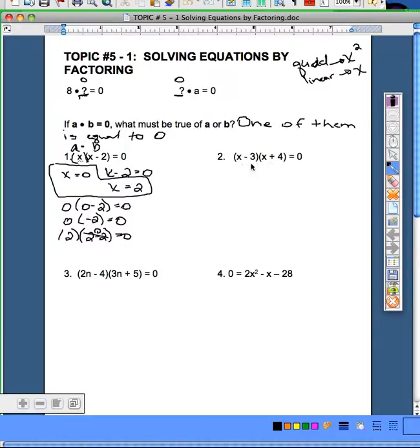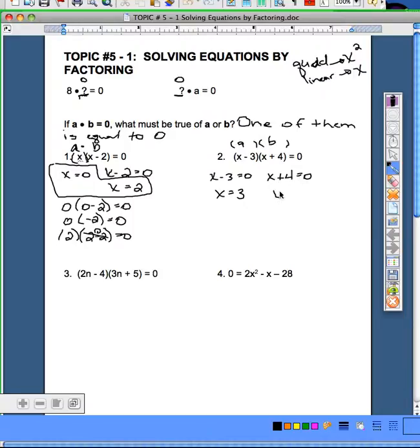All right, here, again, if x minus 3 is a, and x plus 4 is b, well, then if a equals 0, that means that x minus 3 equals 0. And so to solve that, we have x equals 3. If b is equal to 0, that means that my x plus 4 is equal to 0.